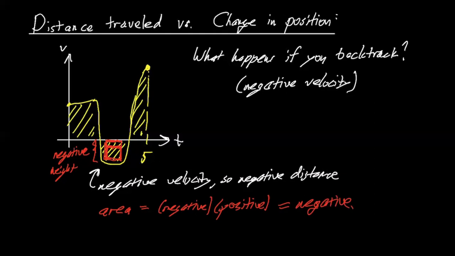Right? And so, in fact, if you really wanted to think about this, let's just give these areas names. So let's just say this one is area 1. This is area 2. And this is area 3. All as positive numbers, right? So I'm saying A1, A2, A3.